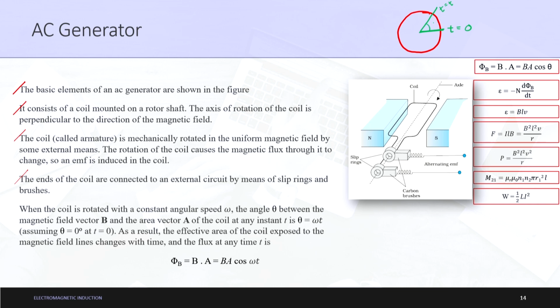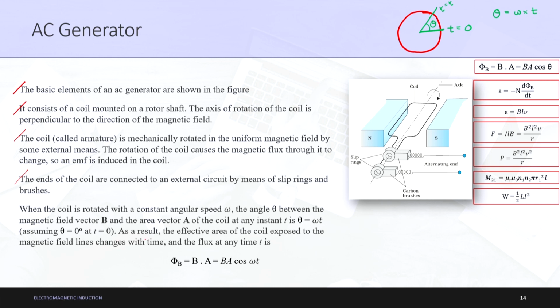If this is the theta involved and this is the time taken, then theta is nothing but omega multiplied by t. Assuming theta is equal to 0 degrees at t equal to 0, this is a very important assumption.